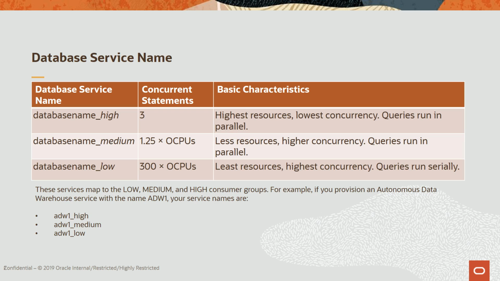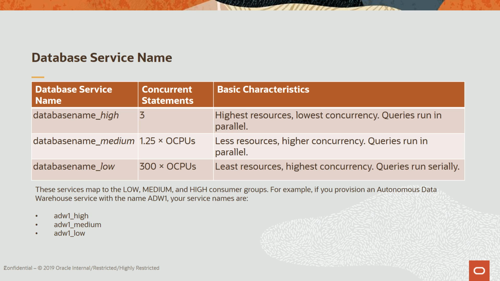In the medium service name, the medium database service provides a lower level of resources to each SQL statement, potentially resulting in lower performance, but supports more concurrent SQL statements. Any SQL statement in this service can use multiple CPU and I/O resources in your database. The number of concurrent SQL statements that can be run in this service depends on the number of CPUs in your database.